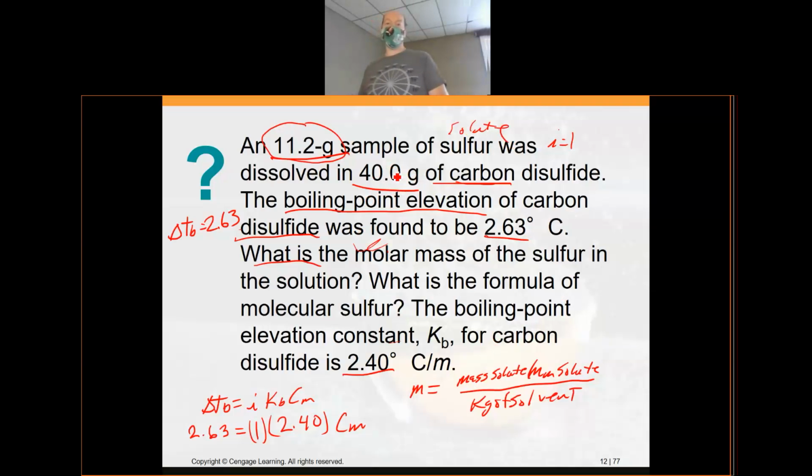They give you the grams of your solvent, which is easily converted to kilograms. So you have your kilograms of solvent. You're finding your molality from your freezing or your boiling point elevation. So it's exactly the same problem with one extra step. That one extra step is you got to find your molality. In the last problem, they gave you the molality.